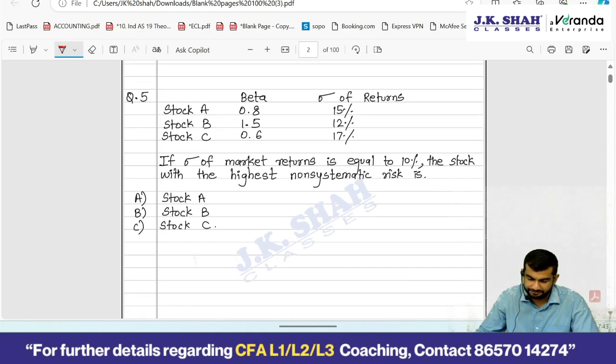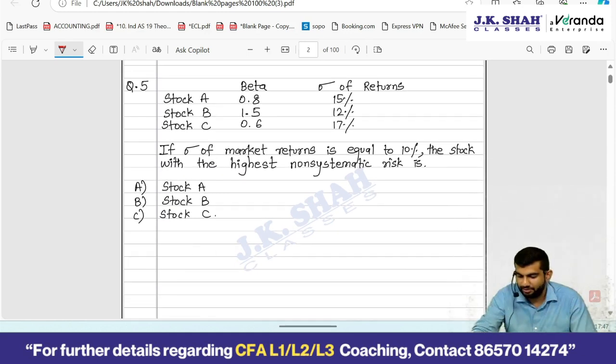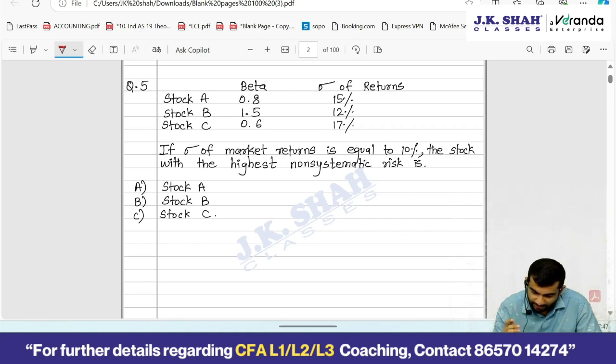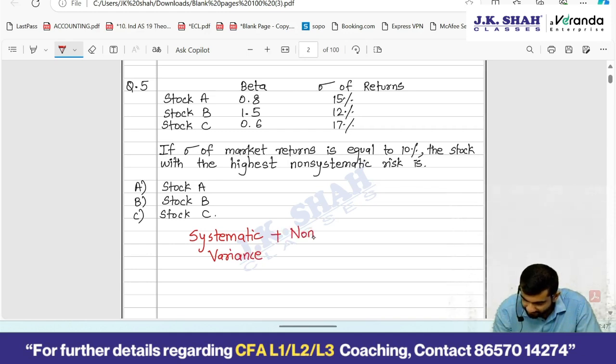Now this question. Okay, so now understand one thing. They are asking you the stock with the highest non-systematic risk. Do you remember systematic risk? Actually, systematic variance plus non-systematic variance is equal to total variance.